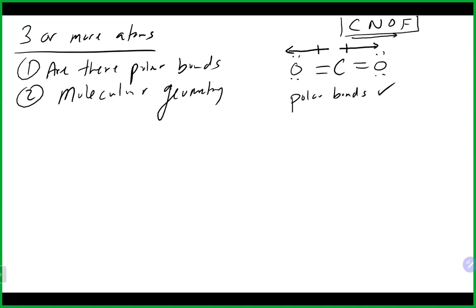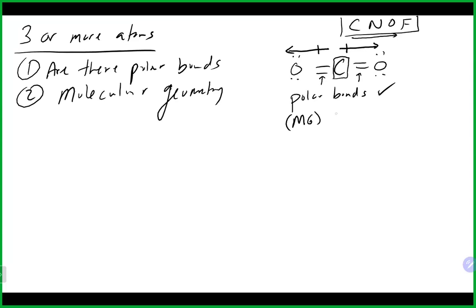So check. Now, because it has polar bonds, you may say to yourself, it would make sense that it is a polar molecule, right? But we do have to look at the molecular geometry here. So when we look at the molecular geometry, we're going to go to the center atom and count our electron pairs. 1 electron pair, 2 electron pairs.